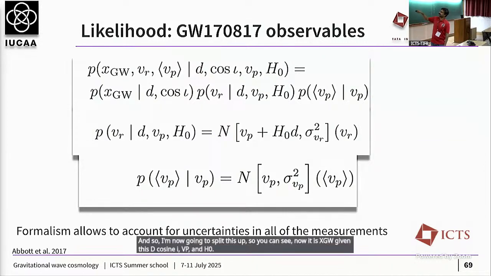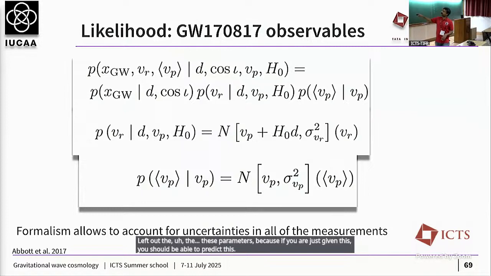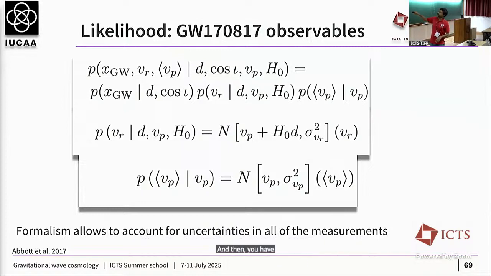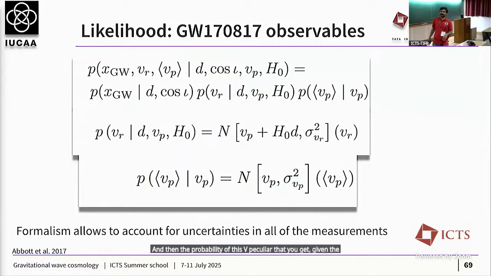But this X_GW only depends upon D and cos i, so that's why I've left out the other parameters, because if you are just given these, you should be able to predict this. And then you have a probability of the recession velocity given these parameters again. And then the probability of this V_P that you get given the actual peculiar velocity of the galaxy.